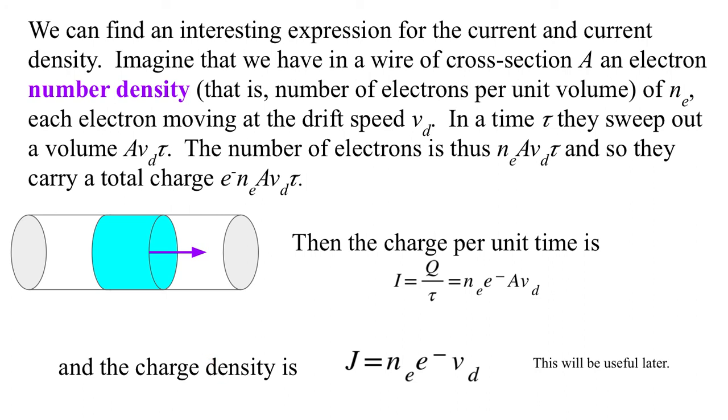And so for the density, we just divide out the A, and we get that the current density in a thing that has an electron density that we know and a drift velocity we know is just the number density times the electron charge times the drift velocity. And that seems like it's useless and out of nowhere, and for the moment maybe it is, but it will come in useful later when we start defining resistivity and resistances.